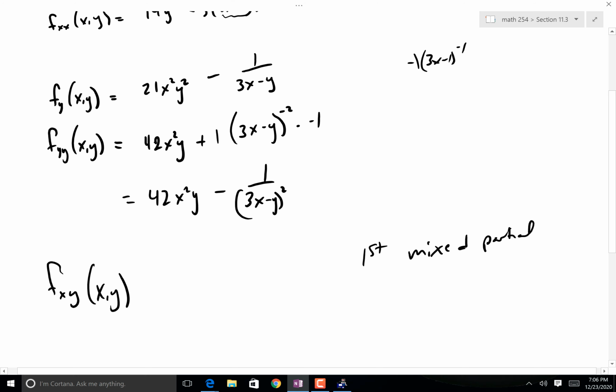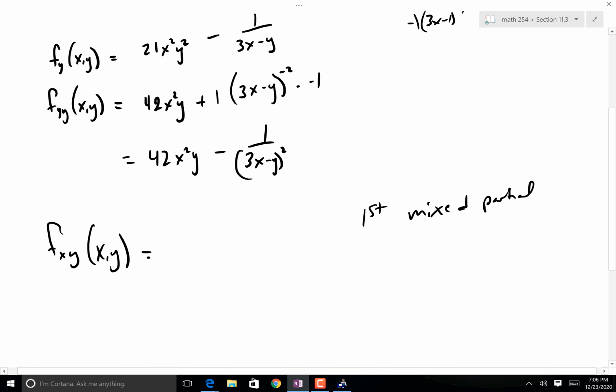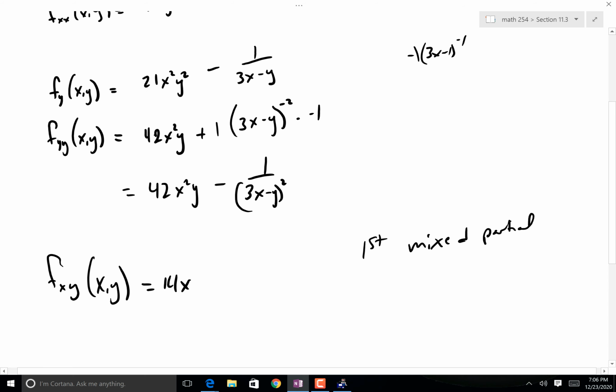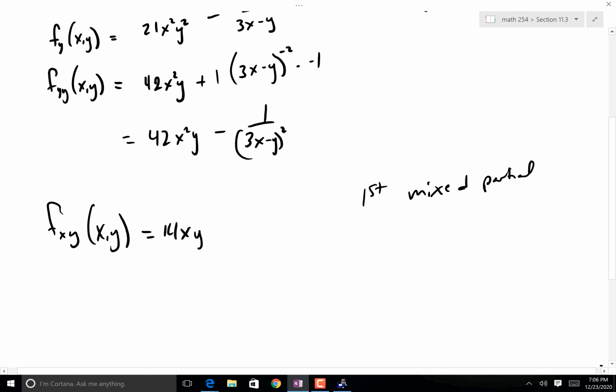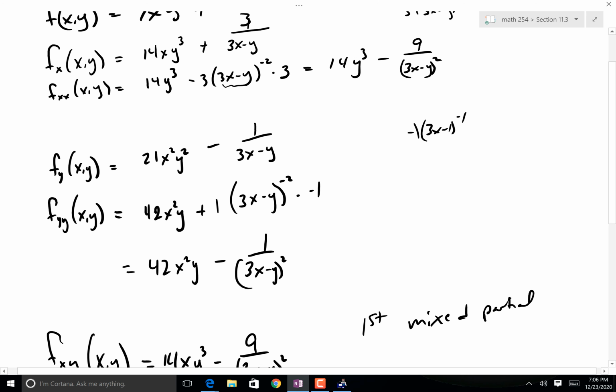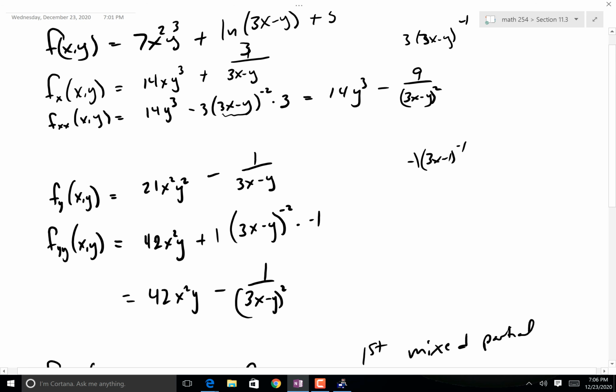So what that says is that we're going to take the first derivative with respect to x, which was this guy, I think. Nope. No, it was plus. Wait, what? No, it was plus 3.